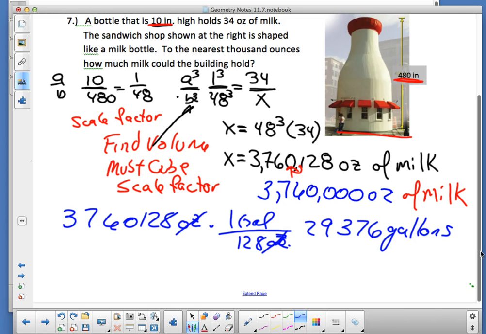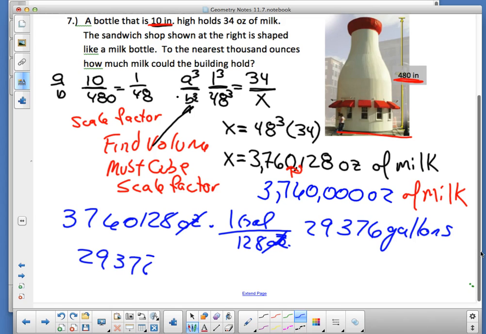29,376 gallons. Knowing that right now, how long is that going to take you to drink? Will you still be alive when you're done? Because that's gallons, and you said 2 gallons a week, so let's make it weeks.